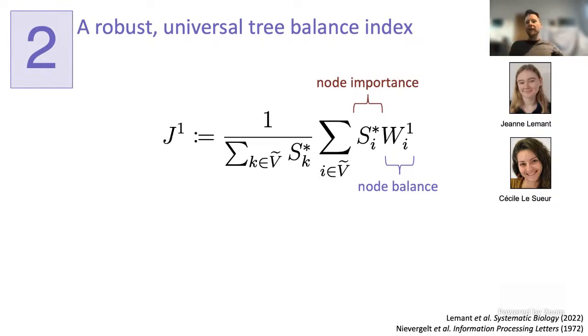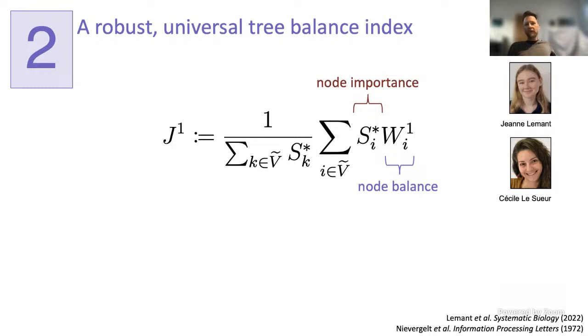So basically, how many descendants does a node have? That determines how much importance you give to it, which means nodes higher up in the tree are assigned more importance. That ensures robustness. The second part is a node balance score, which is a way of assessing how evenly that node splits its descendants into equally sized subtrees.